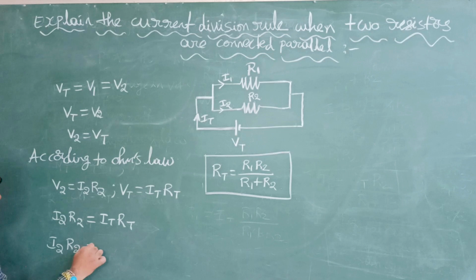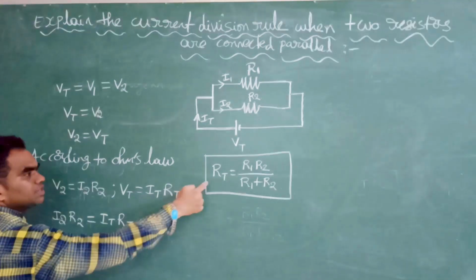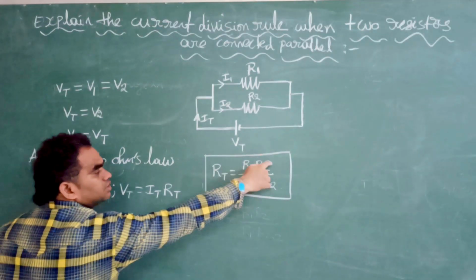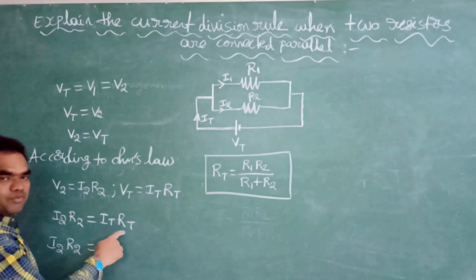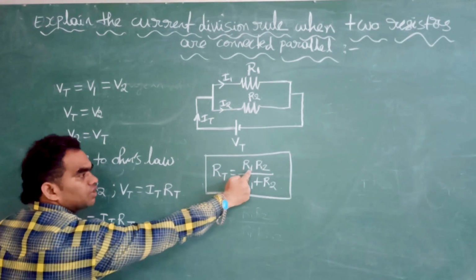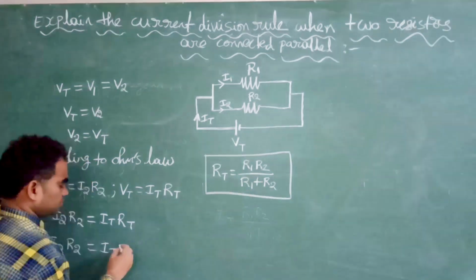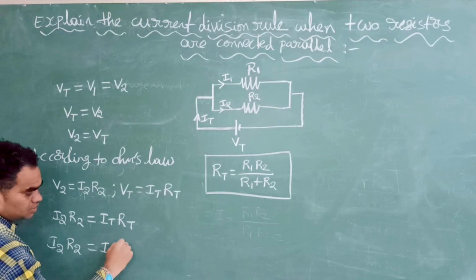I2 R2 is equal to IT RT, and RT means R1 R2 by R1 plus R2. When two resistors are connected in parallel, RT is equal to R1 R2 by R1 plus R2. Substitute this RT value in this equation.